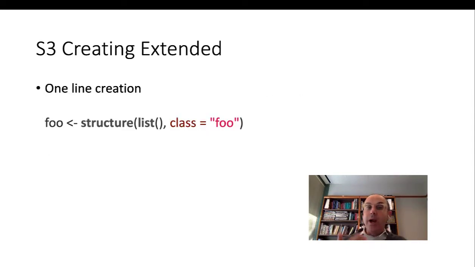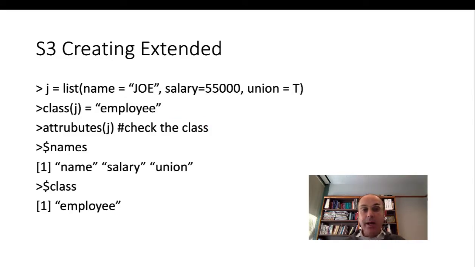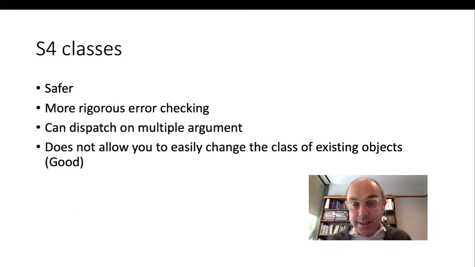So in this case, when we create an extension, a one-line creation, in this case Voodoo, the structure list, and I will give it a list, and I will say Voodoo, that will allow us to operate and embed it. So this is the idea of S3, and I would highly recommend you read the textbook and also look at the other textbooks, how they define it and how they simplify it. I will also post some examples of that in Canvas.